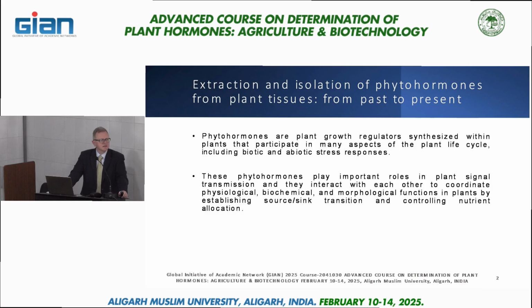These hormones act as key signaling molecules, coordinating many biochemical, physiological, and morphological processes too. The effect extends beyond individual cells. Phytohormones regulate nutrient allocation, determine the source-sink balance, and mediate plant responses to both abiotic and biotic stresses.